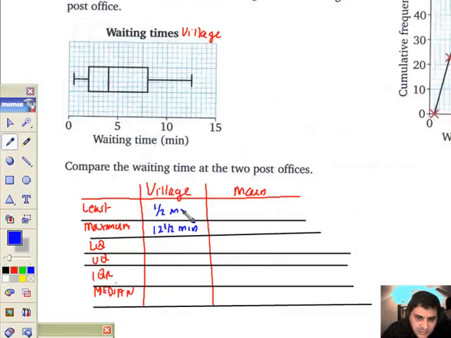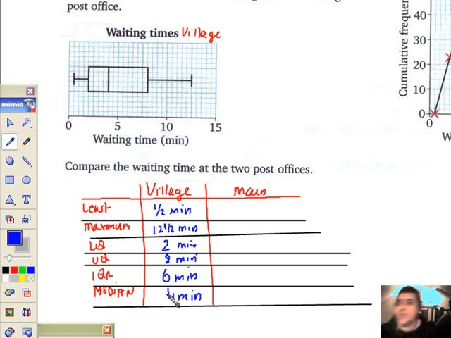So half a minute, it's 12 minutes maximum. Lower quartile is going to be 2-4. No, it's not. It's going to be 2. That's it. Lower quartile is 2 minutes. Upper quartile is going to be 8 minutes. Interquartile range 8 take away 2, 6 minutes. And the median is going to be 3-4 minute wait on average.